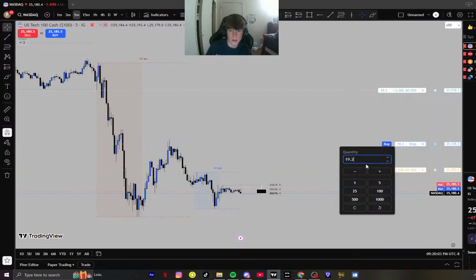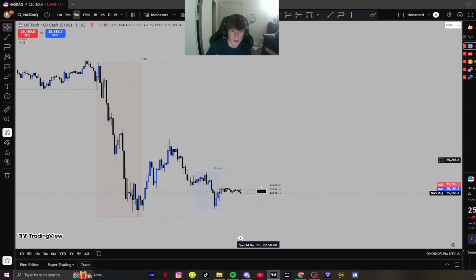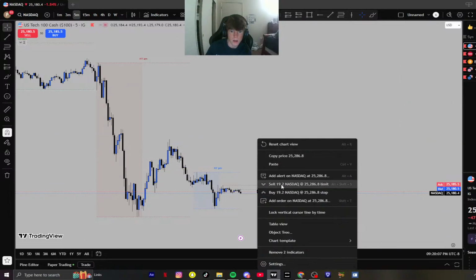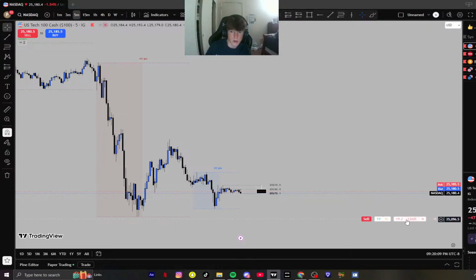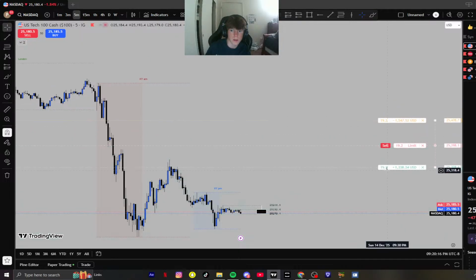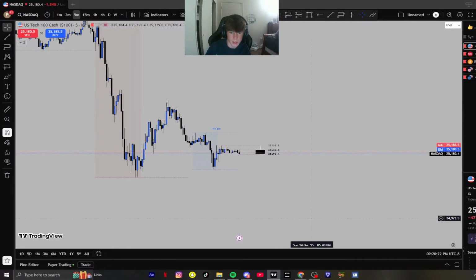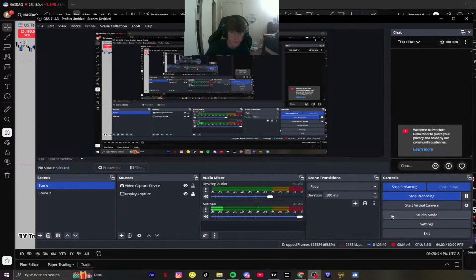You can also enter your quantity right there, and then a limit, you could set it pretty much anywhere, and you can change your quantity, again, stop loss, take profit, and when price reaches there, it'll automatically enter you in. And yeah, that's pretty much how to execute trades.